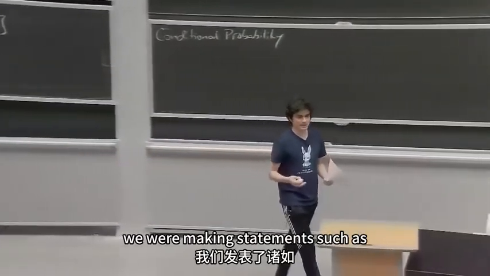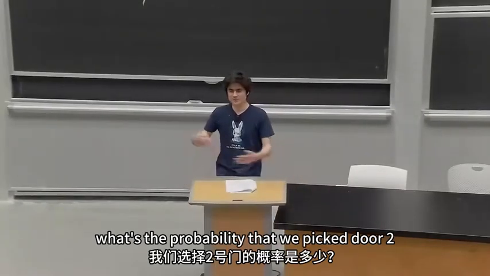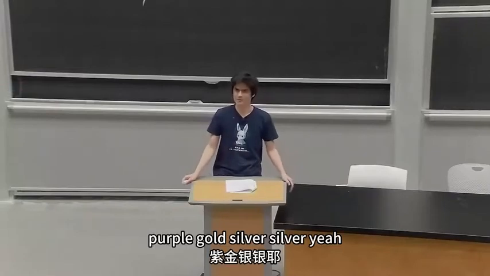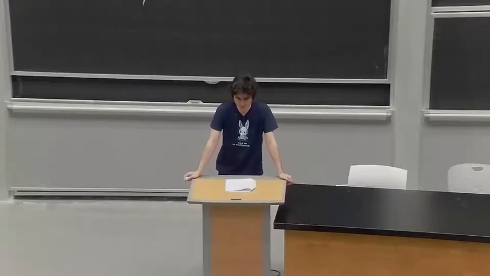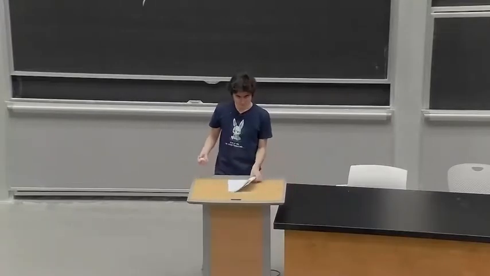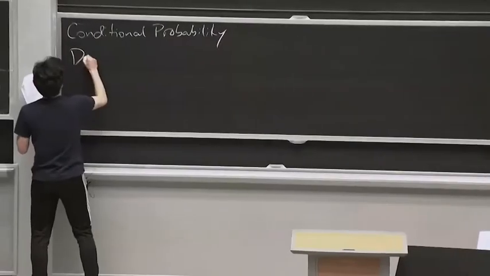We were making statements such as, if the car is behind door 1, what's the probability that we pick door 2? Or I guess it was purple, gold, and silver. So how do we express this mathematically? That's where conditional probability comes in.